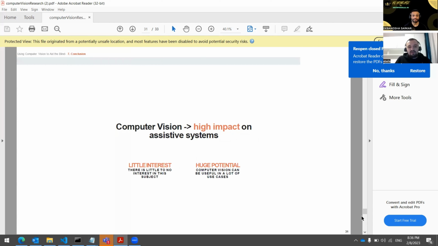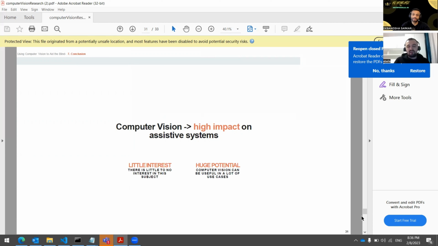Before showing you some inference, as I said, there are all sorts of cool things we can do with computer vision, but in the end, we can also use it to create some impact on society and actually help some people.